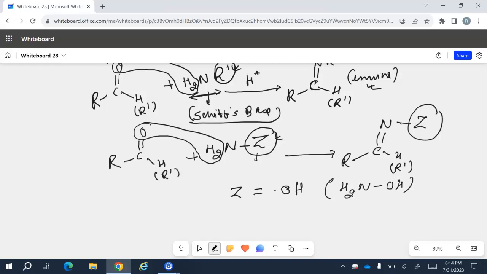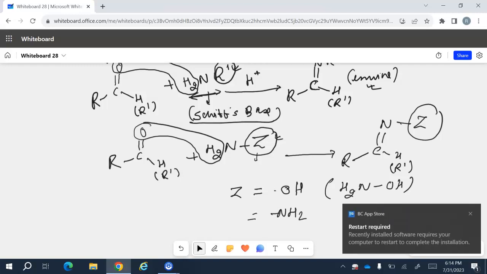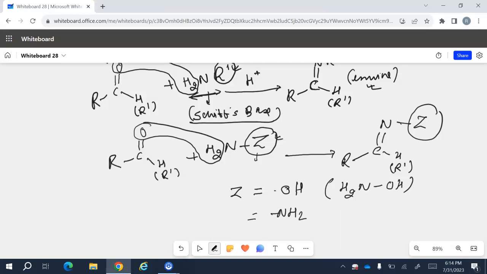This is what we call hydroxylamine. Or it can be, say for example, another NH2 group. Then the reactant is H2N NH2. That is what we call hydrazine, and this one is hydroxylamine.